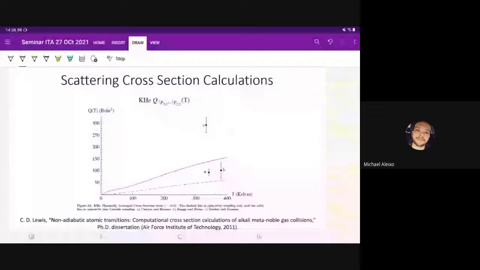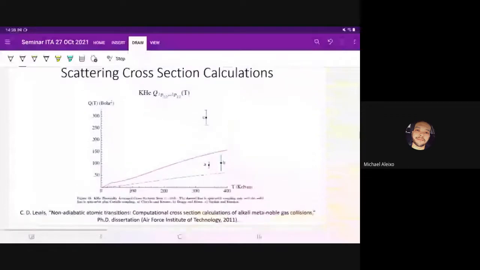The difference between the red dotted line and the red solid line is whether you do or don't consider the Coriolis coupling. So just know that the answer is probably somewhere in between there. And there are a couple of previous calculations from other people that are in that range as well. So this is things that have been done in the past.